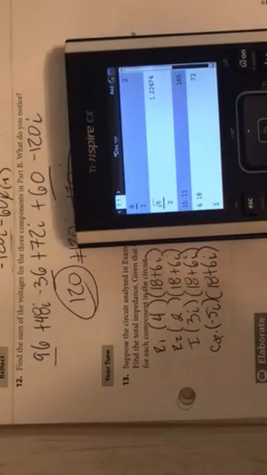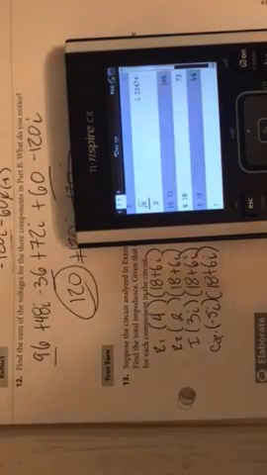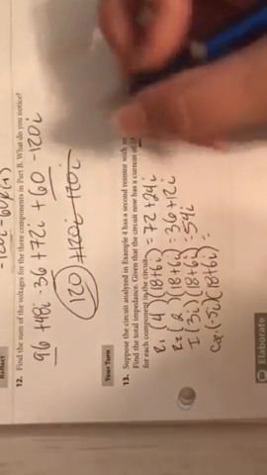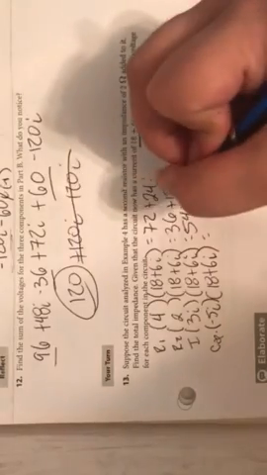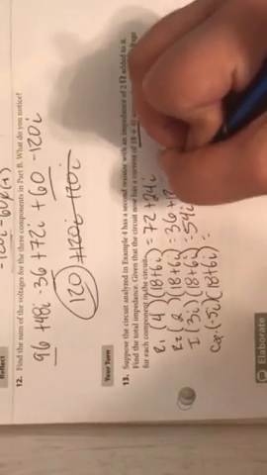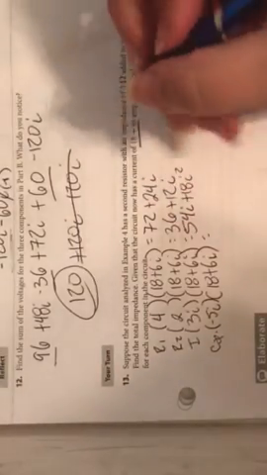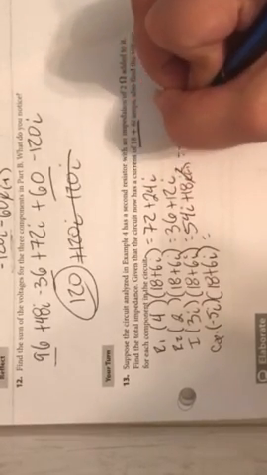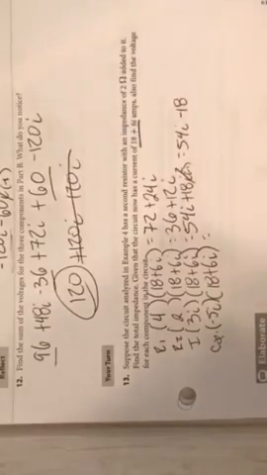3i times 18 is 54i. 3i times 6i is a positive 18i squared, which is really a negative 1, so we have 54i minus 18.